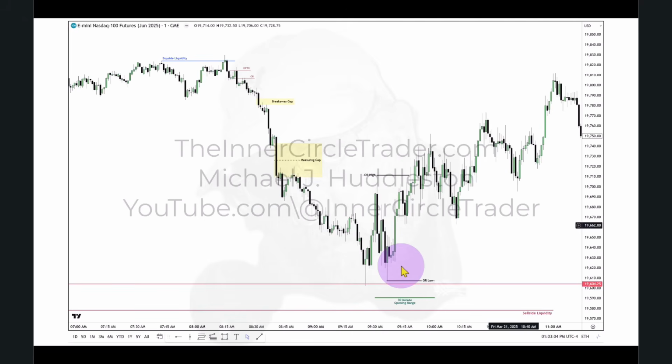There's going to be times where you look at the individual price action of any given day and you may question, is the first fair value gap really valid, or should you use another one? And the general rules are this.